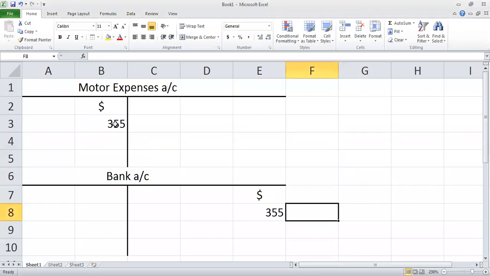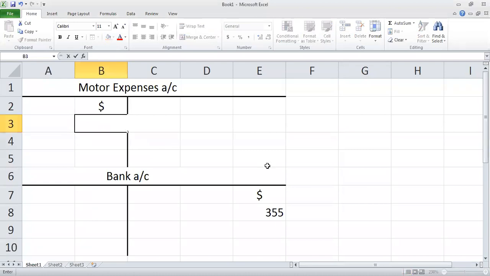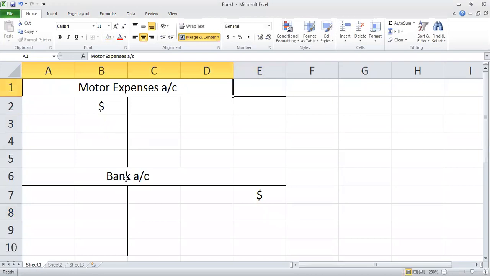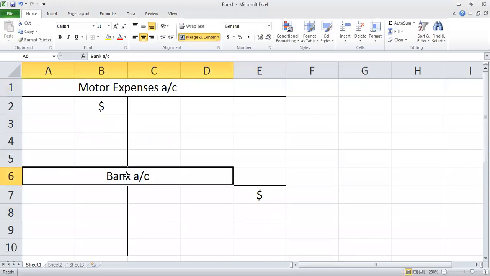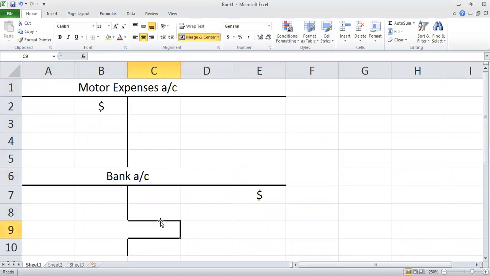Therefore, you would create two accounts. You create a motor expense account and you create a bank account. Good. Now, expenses are increasing, so you make a debit entry under your expense account. So you would write 355 under the debit side, which is the left side of the account.